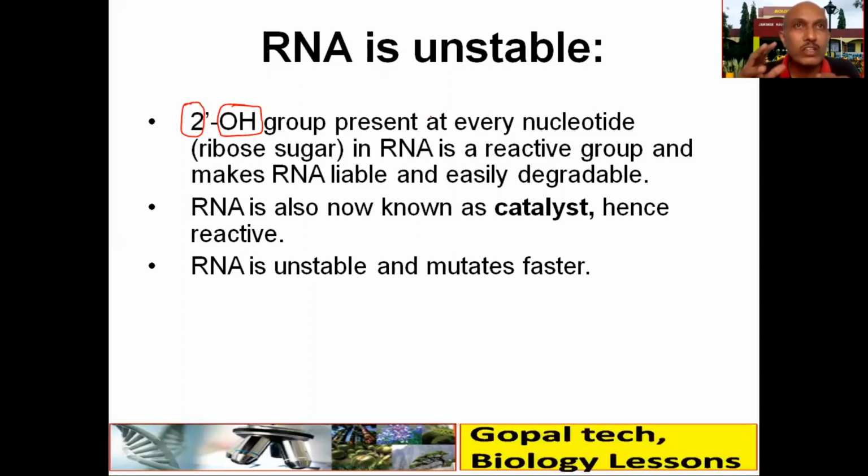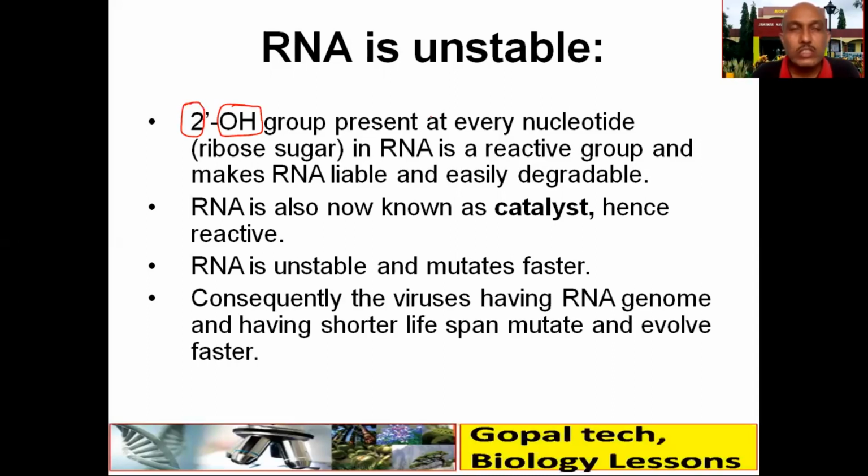So you might have heard that viruses having RNA undergo mutation. Consequently, viruses having an RNA genome and a shorter lifespan mutate and evolve faster. Therefore, viral diseases are very pandemic and globally spreading, and within a short period they also change.